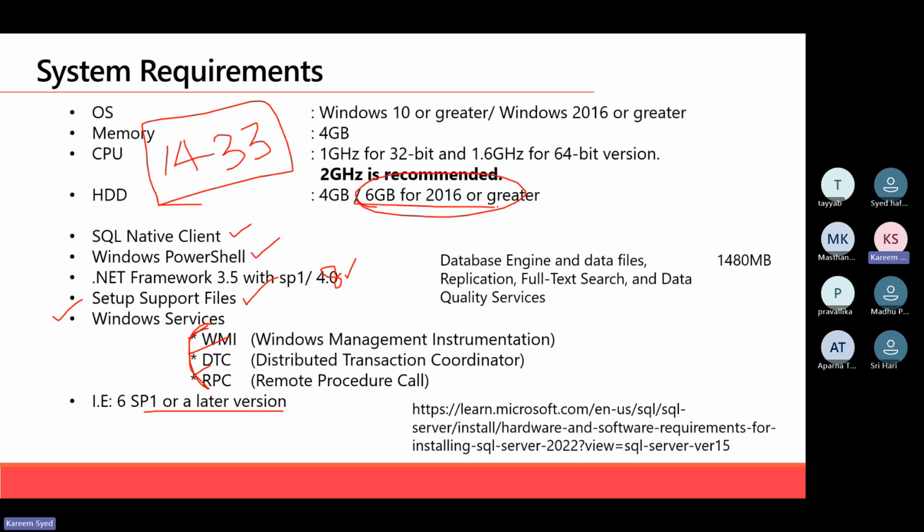If you want to install everything, it is 6 GB, but only for the database engine it is around 1500 MB, less than 2 GB. Here we have seen the complete details in the link, what the prerequisites are. You can go through it one time. It is always better.